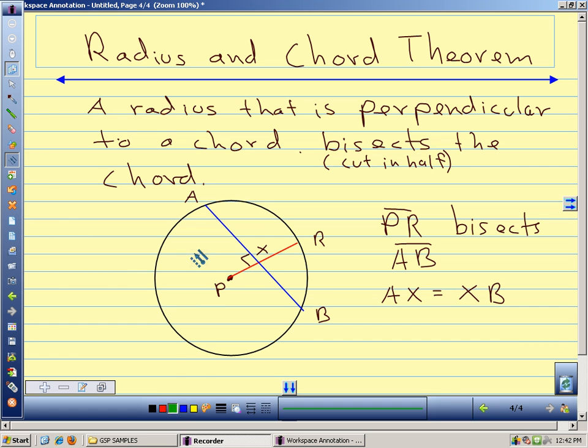I'll do my radius in green. I'm going to draw in 2 radii. We know those are the same, so those are congruent. So in these 2 triangles, what can we say about this segment that they share? It's congruent to itself, right?